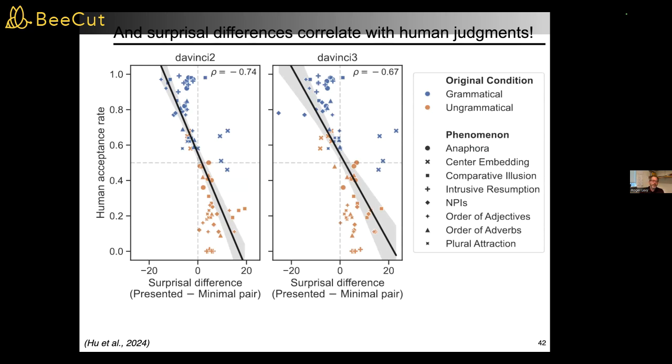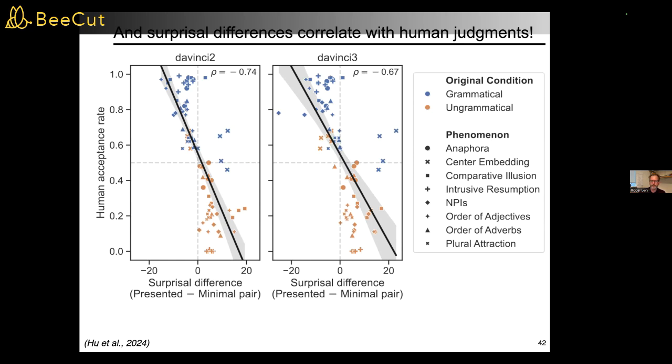They found, first of all, that humans were very good at distinguishing grammatical from ungrammatical sentences, with the exception, once again, of center embedding, which are these blue X's here, where humans are really not that great. They're actually close to 50-50.